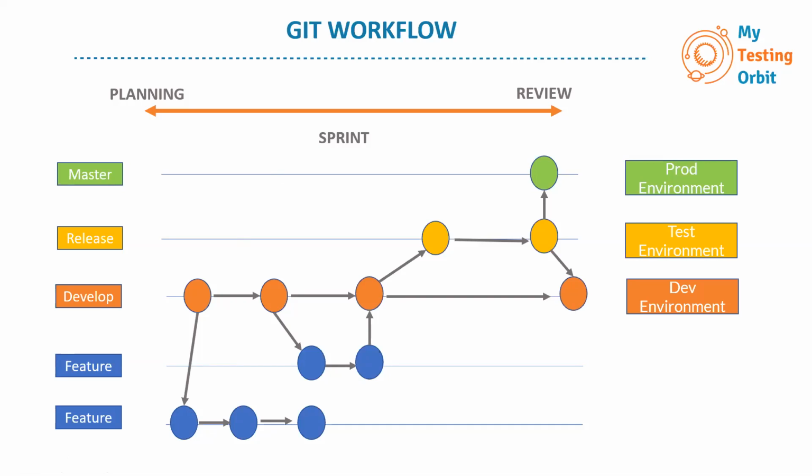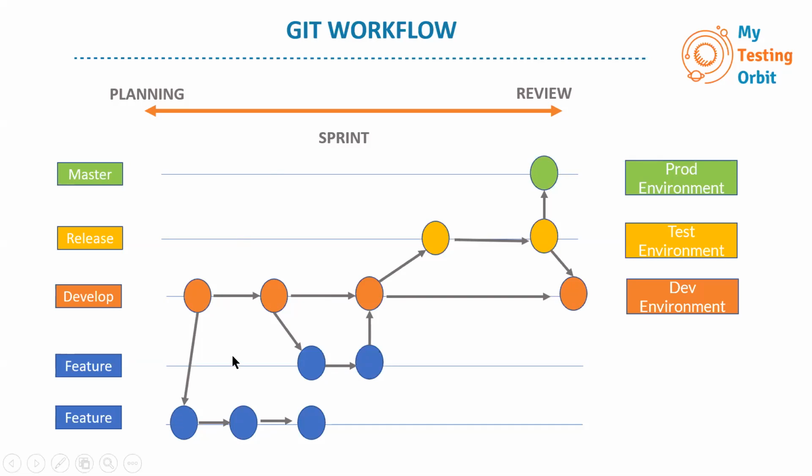When we talk about merge here, we are talking about the concept of integration testing, which we did earlier in the foundation course. They have to merge to the develop branch to make sure that the features which they developed independently have no conflicts when merged together.